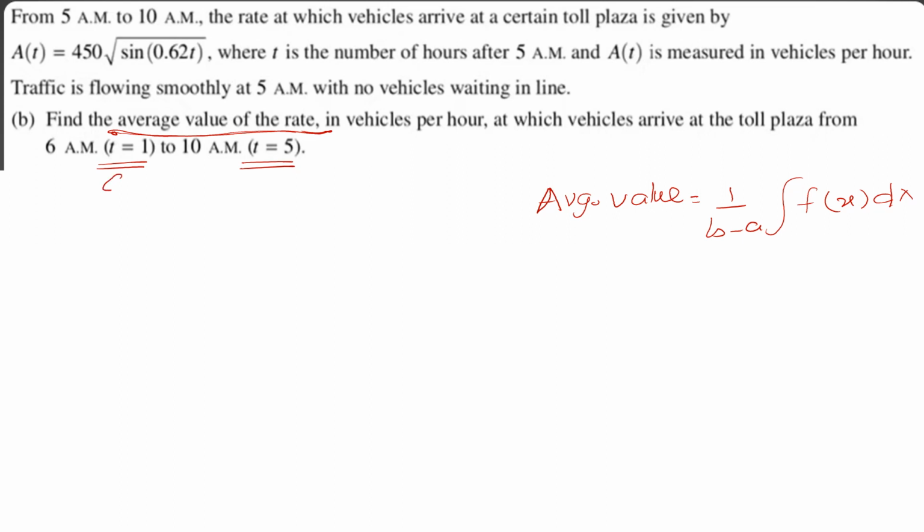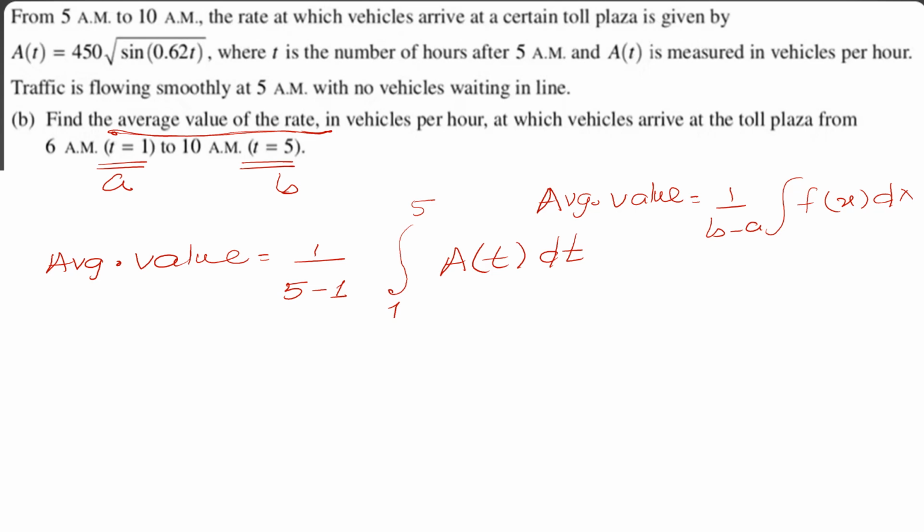So the starting limit is 1 and the ending limit is 5. You can calculate the average value by writing 1 over b minus a, where b is 5 and a is 1, the integral between 1 to 5 of A of t dt.